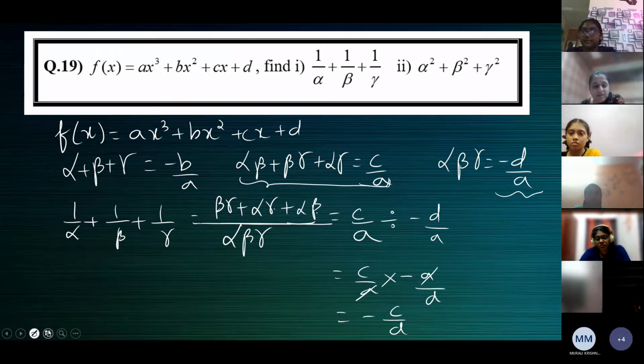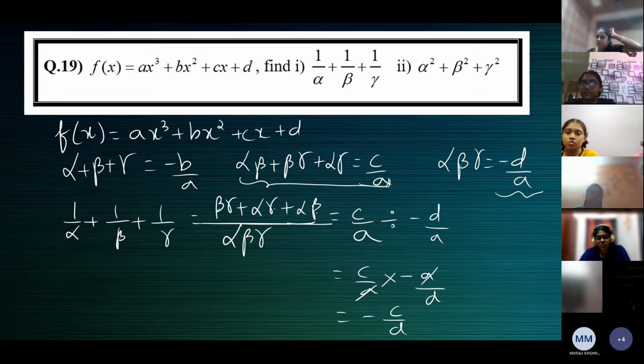Don't write down, children. I'll show you the answer slide. This is very important. So the LCM is alpha, beta, gamma. On taking the LCM, you should understand the numerator because the common denominator is alpha, beta, gamma. There is alpha here, so you should multiply this with beta, gamma. There is beta here, so multiply with alpha, gamma.